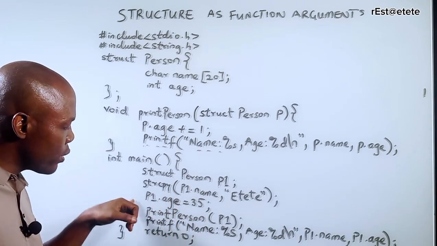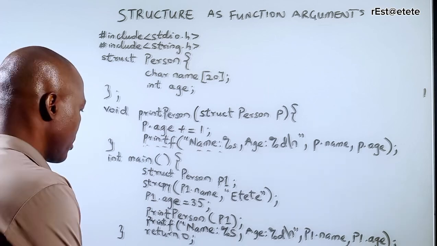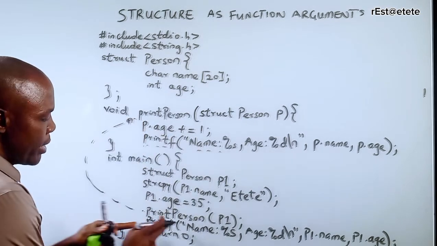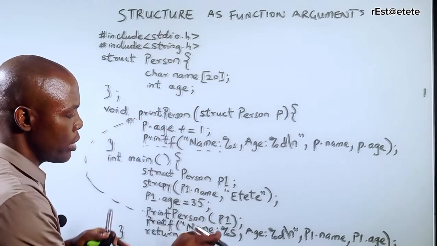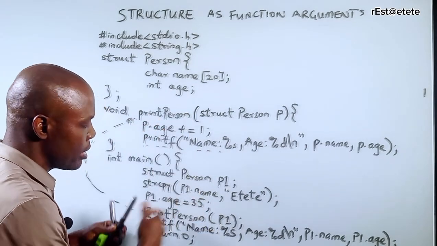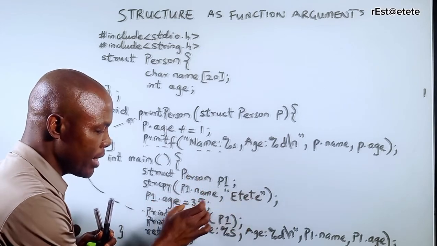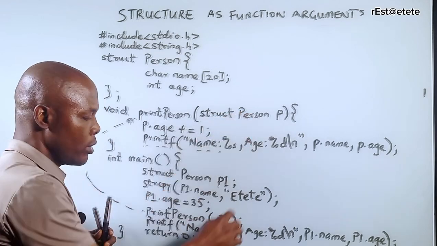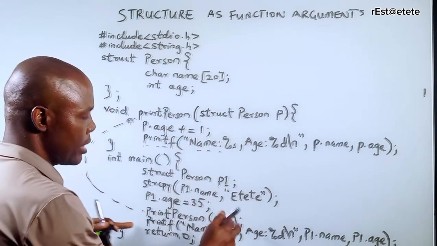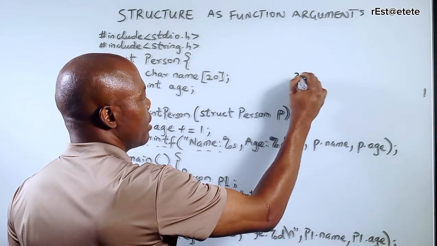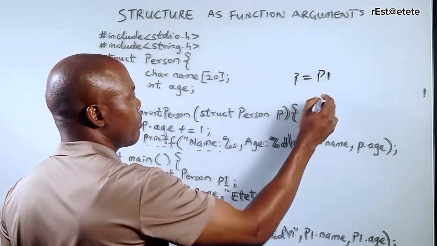Then in this my main function, I'm calling this function. So at this point, control will be given to this function. And then this variable, this structure, which is this person with this name and this age, will be given to this place. So this place is like saying P, which is this P, assign P1.